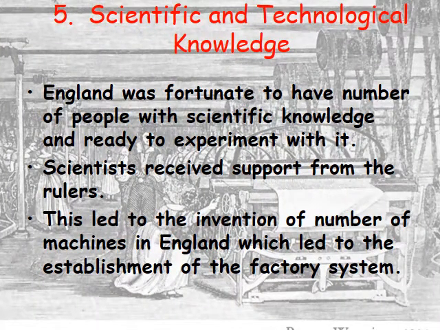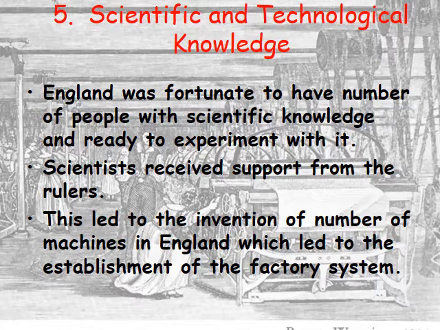Scientific and technological knowledge was also one of the factors for the Industrial Revolution in England. England was fortunate to have a number of people with the necessary scientific knowledge and ready to experiment on it. These scientists also received support from the rulers.